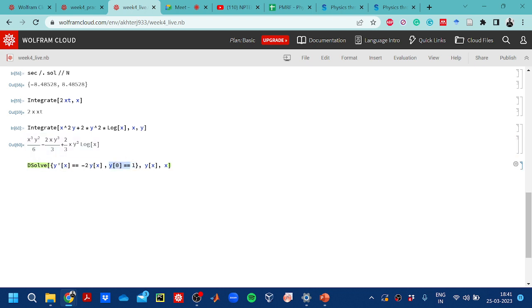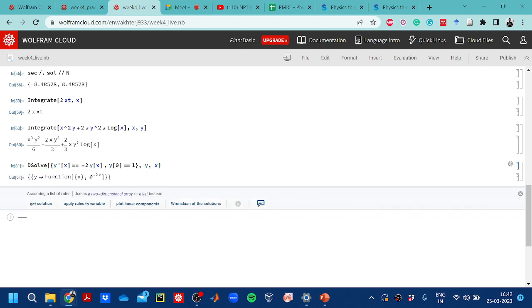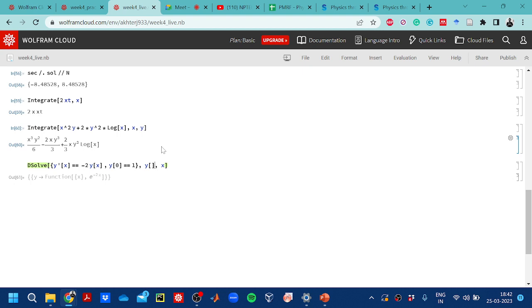In the DSolve command, first you have to write down your equation, and after a comma you write down your initial condition, and after that you specify what your dependent variable and independent variable are. If we omit x here, it will give us an error. We have to specify that y depends on x.